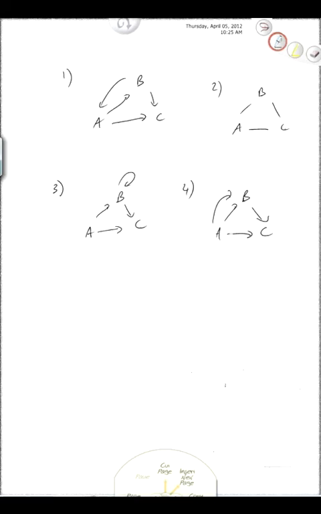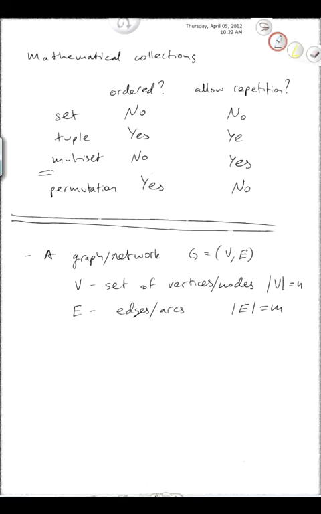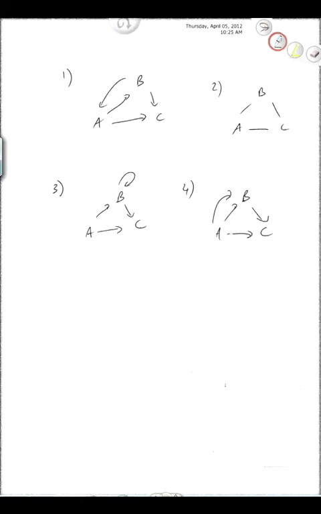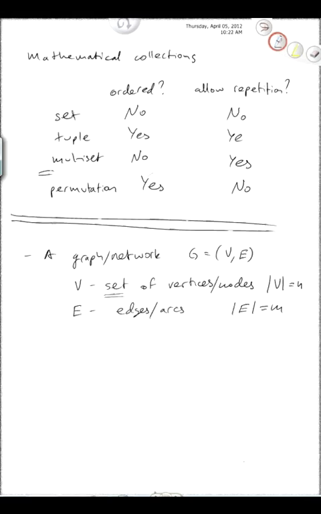Okay, so we have these four example graphs, and they'll help us learn the various terms that we need to discuss graphs. If we go back here, notice that I said V is a set, and V is always a set. In particular, if you look at these four examples, the set of vertices for all four is the same: V was just the set A, B, C. Those are the three vertices in all four examples.